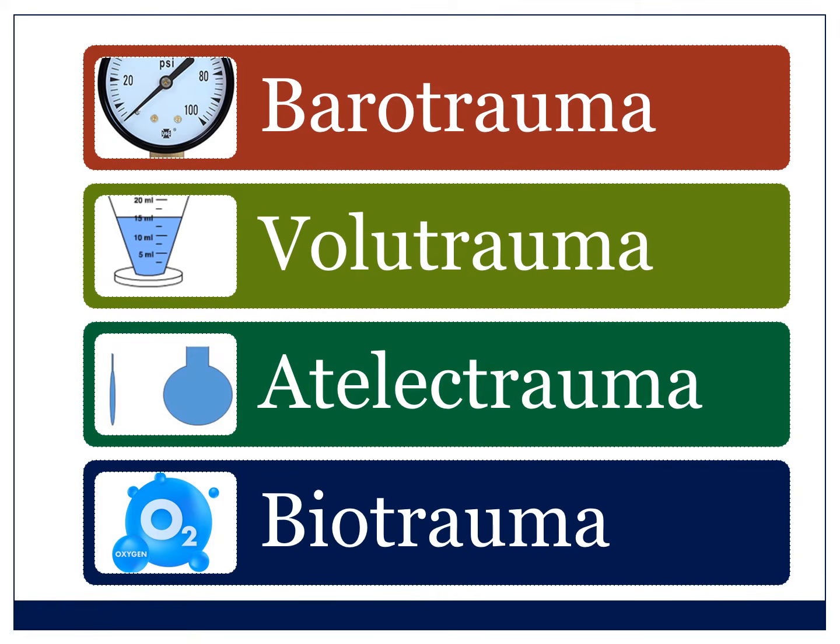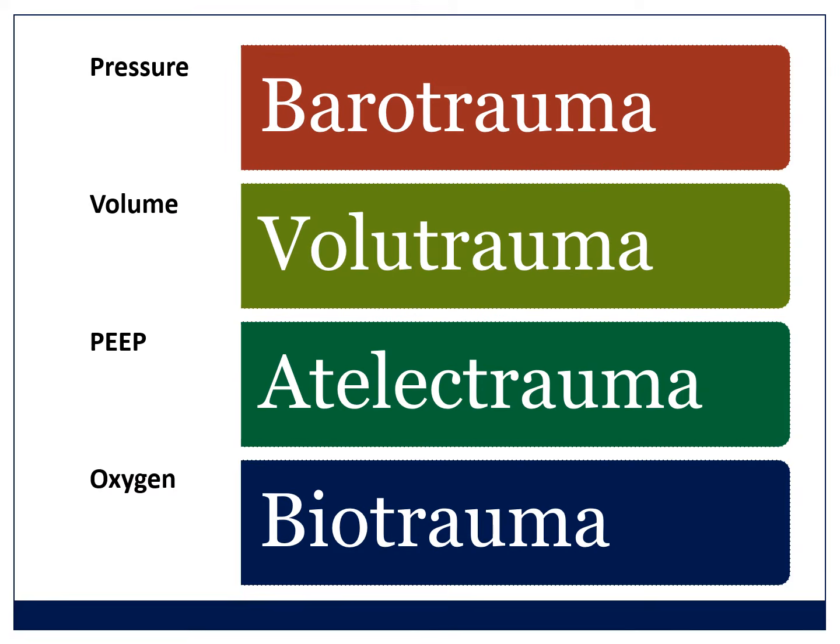That is somewhere between 30 and 40% oxygen, depending on your patient and how experienced you are. But I never really go below 30% oxygen, and I would recommend 40% as a lower limit if you're a beginner. So those things relate to pressure, volume, PEEP, and oxygen. Those 4 variables you must always think about whenever you're setting up the ventilator.